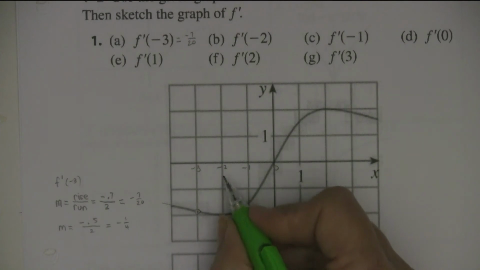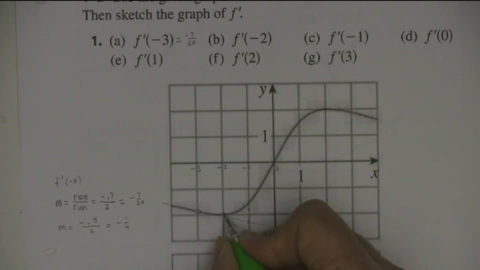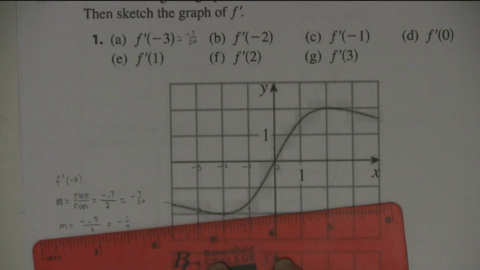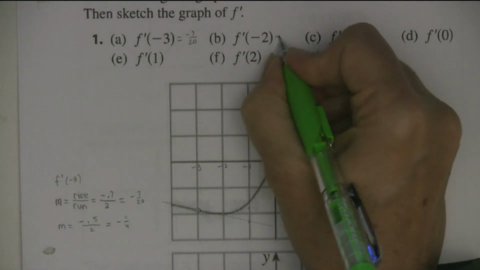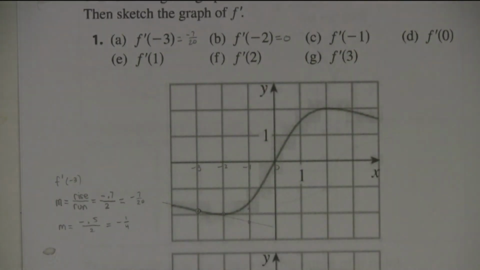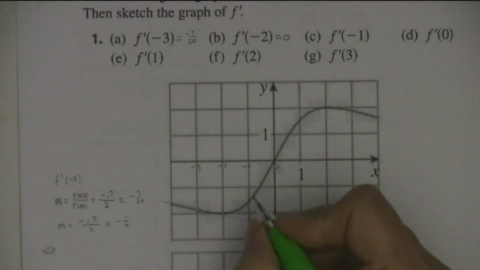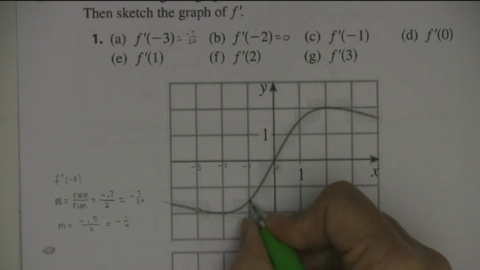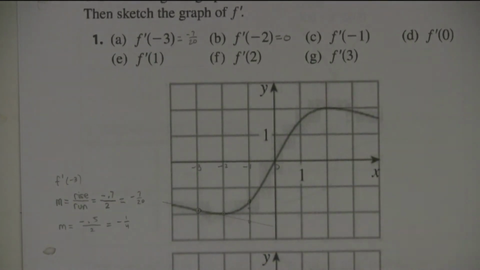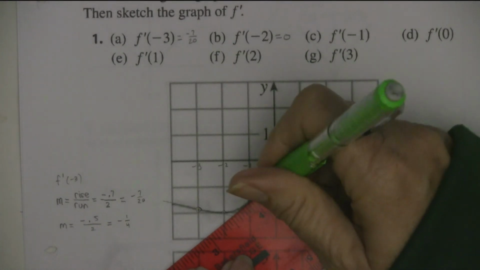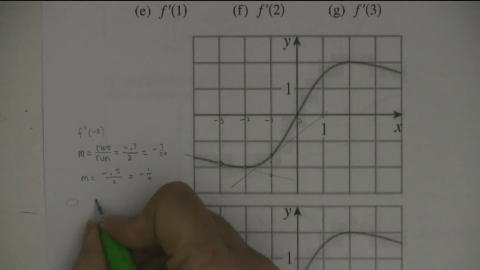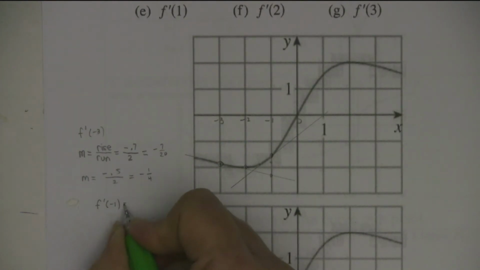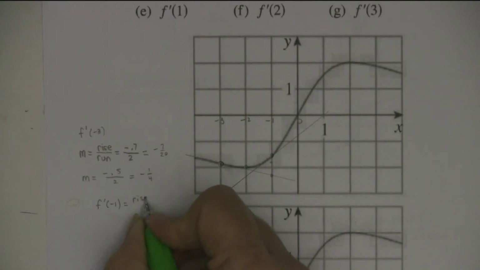And so here at -2, when I eyeball that, that looks horizontal to me. So this looks like this is 0. It's a horizontal line, so it looks to me like it's 0. And then here at -1, I'm going to use my approach. So now I'm over here, f prime at -1, and remember that's the rise over the run.